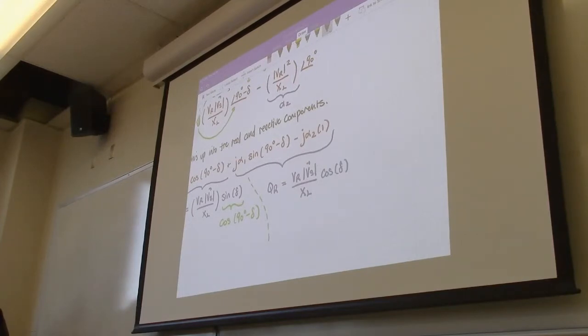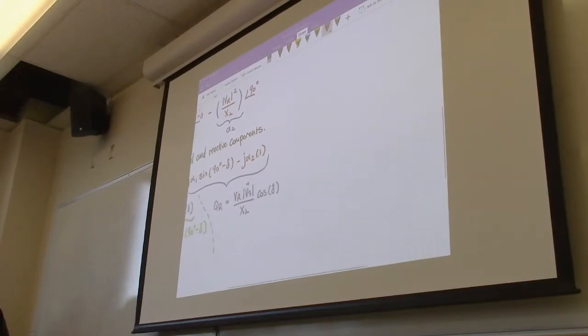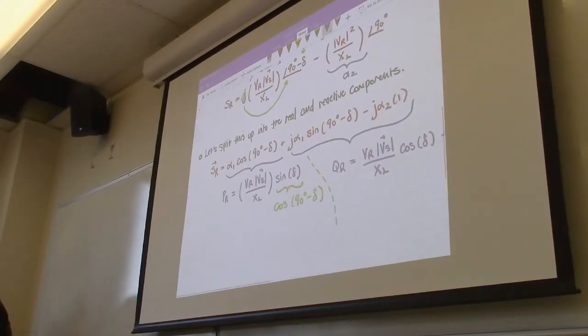We'll do a similar sort of trig identity there, minus VR squared over XL. Okay, so there we split our received power into the real and imaginary or reactive components.